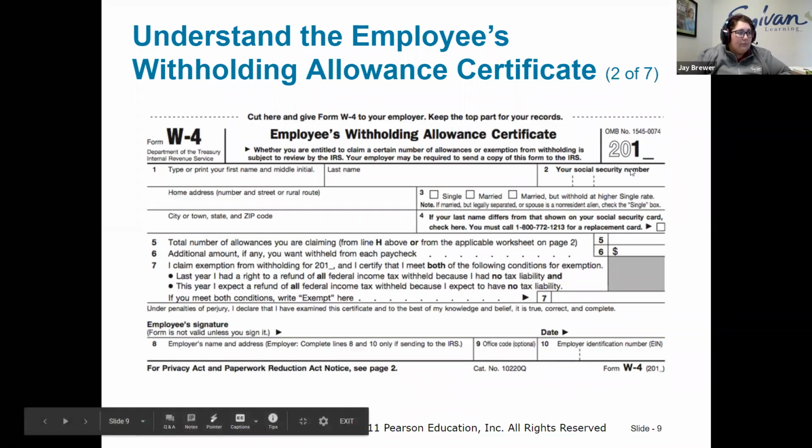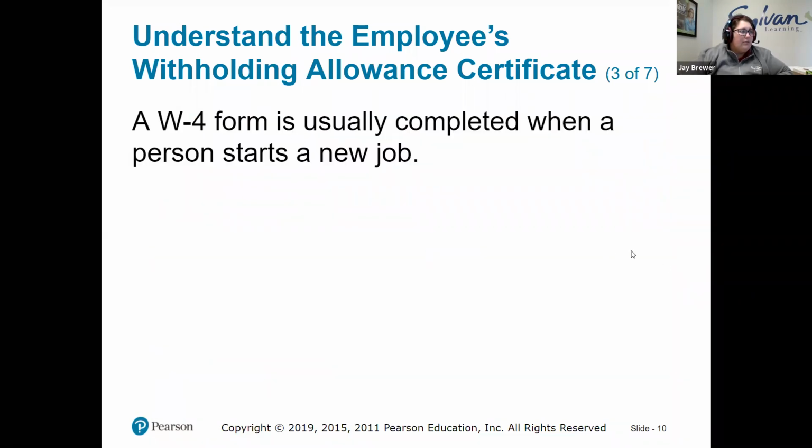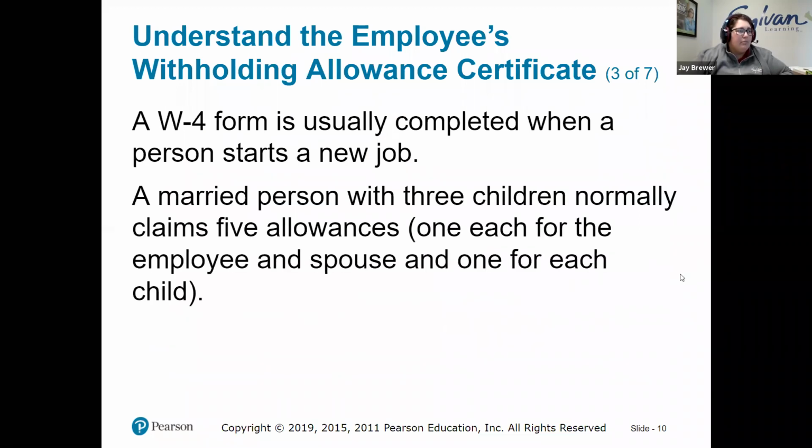Here is an example of a W-4. It is not the entirety of it. It's just giving you an example. A W-4 form is usually completed when a person starts a new job. A married person with 3 children normally claims 5 allowances, 1 for the employee, 1 for the spouse, and 1 for each child.